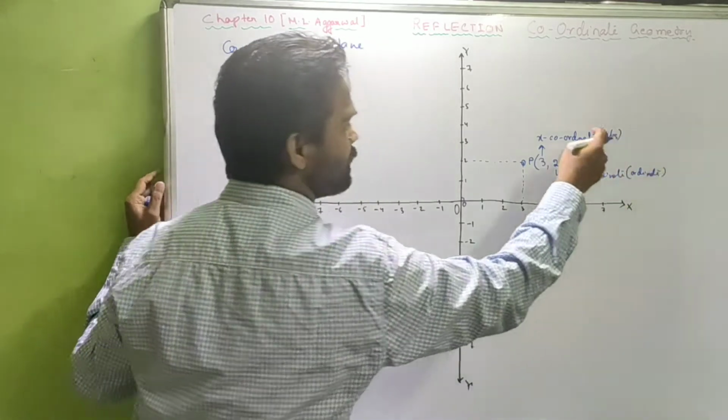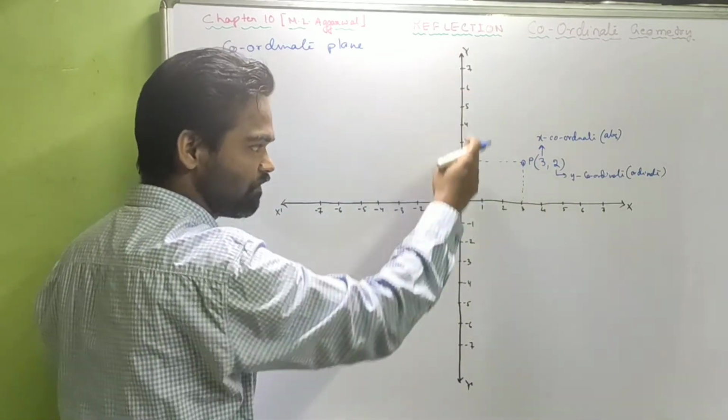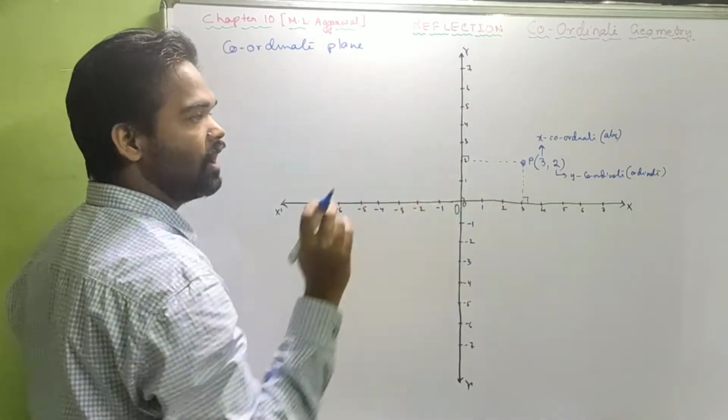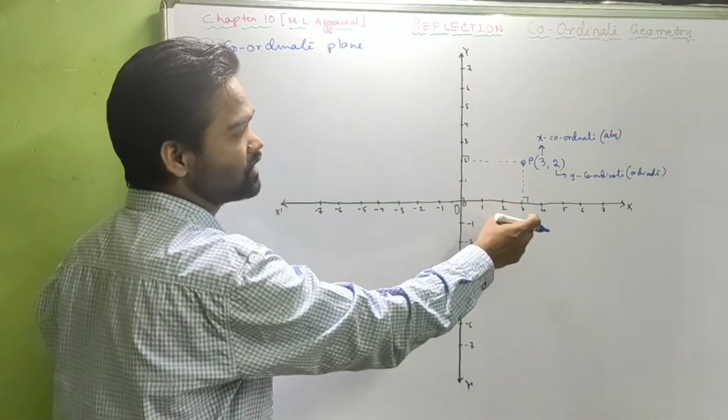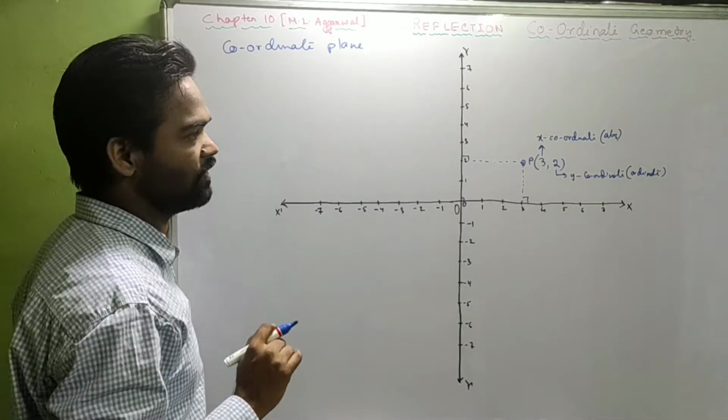And if you look carefully, abscissa is nothing but the perpendicular distance of the point from the y-axis, and similarly your ordinate is nothing but the perpendicular distance of the point from the x-axis. We all have done this.